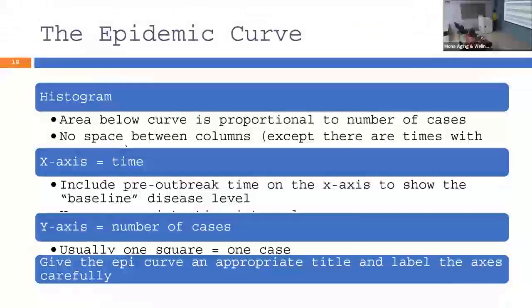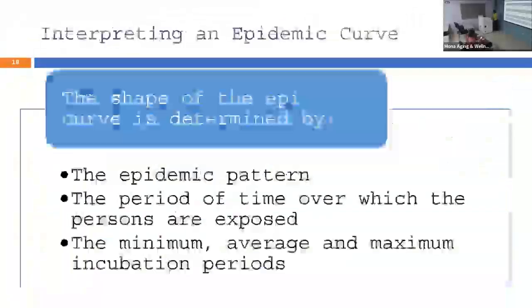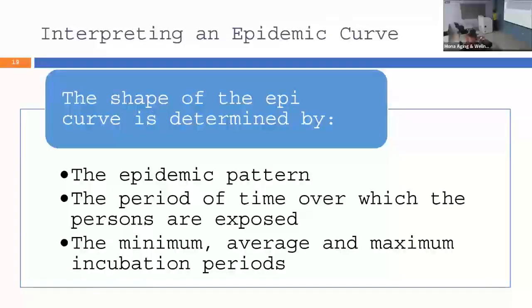You give the epi curve an appropriate title and label the axes as appropriate. So interpreting it now, the shape of the curve is determined by the pattern where a common source propagated and the time period over which people are exposed.